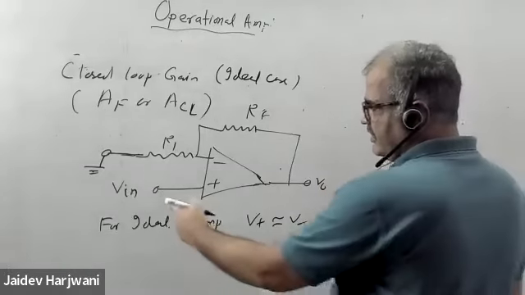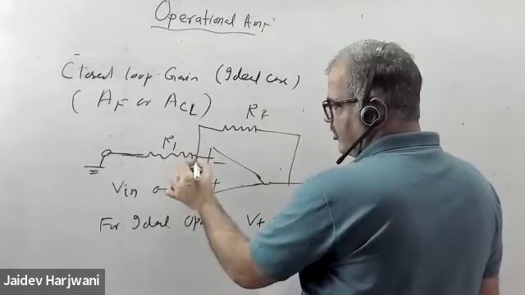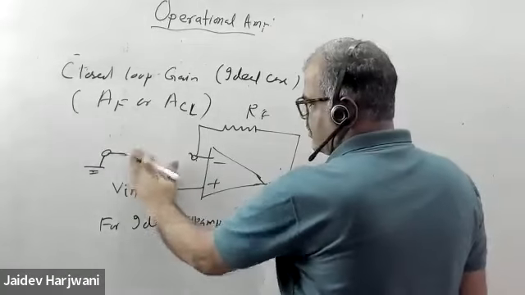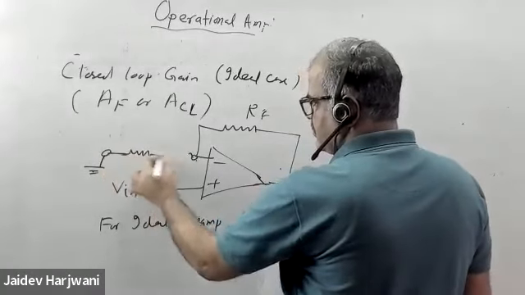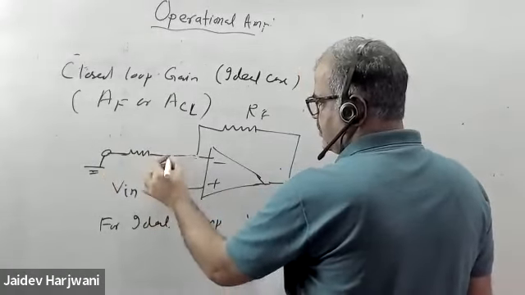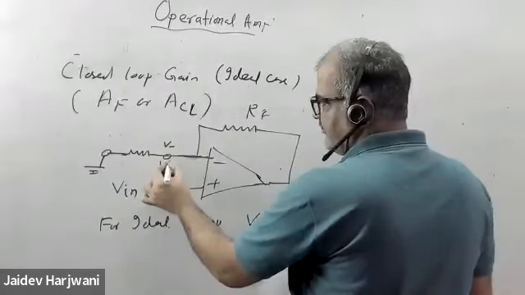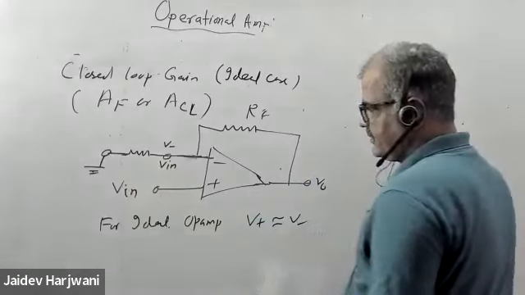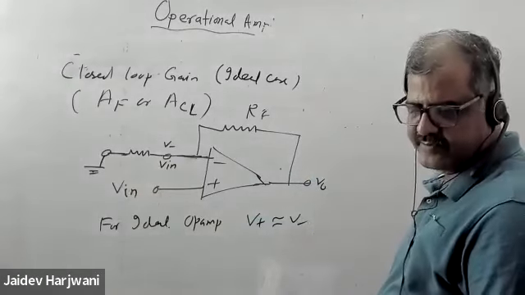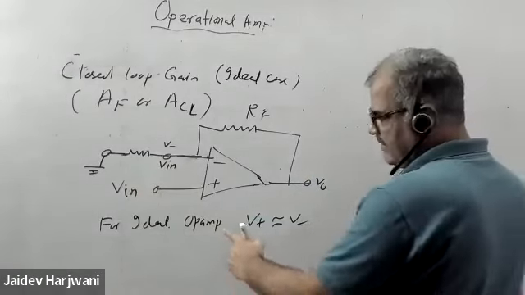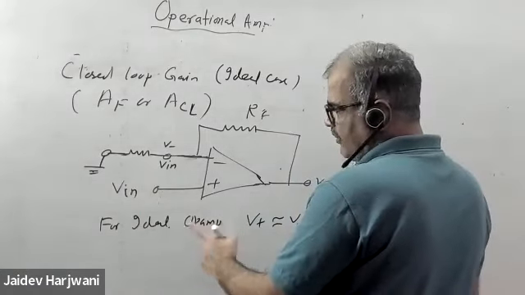So if I'm giving V input to this terminal, automatically here V minus will also become V input, isn't it? Are you getting this point? If my op-amp is ideal.